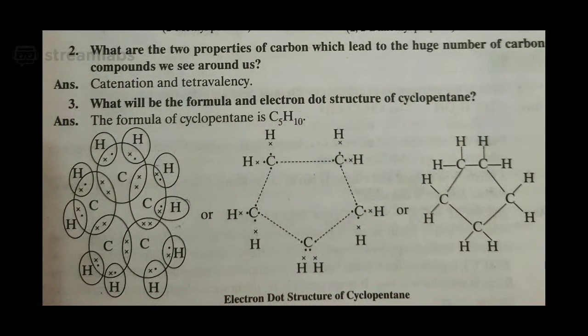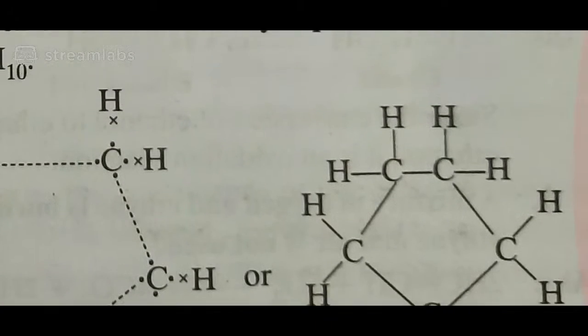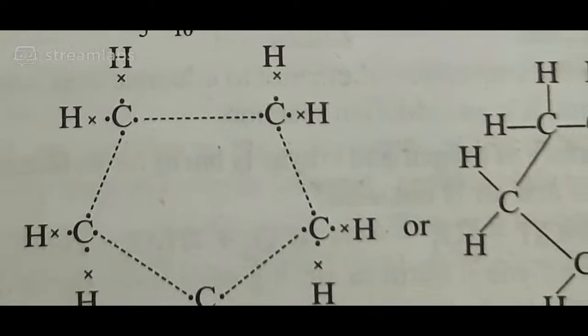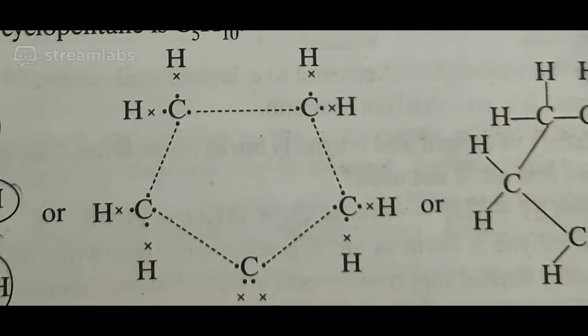What will be the formula and electron dot structure of cyclopentane? Now you all know how to write the structure of cyclopentane. This is the cyclopentane structure. If you write dots instead of bonds, then it is called a dot structure.